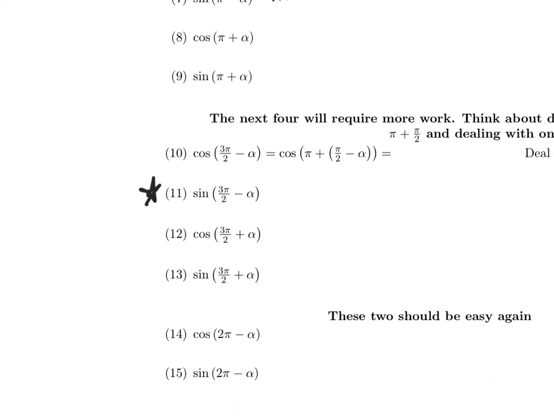You'll notice that at no point in the notes have we talked about an angle of 3 pi over 2 plus or minus a number. Well, that's not so hard to work out, right? 3 pi over 2 is the same as pi plus pi over 2. So if you want to know what the cosine of 3 pi over 2 plus alpha is, here's what you can do. You can write that as cosine of pi plus (pi over 2 plus alpha).